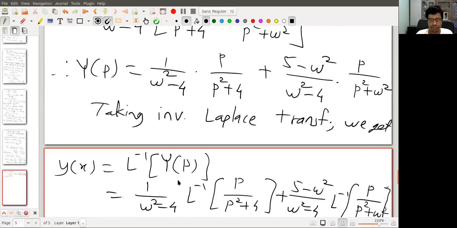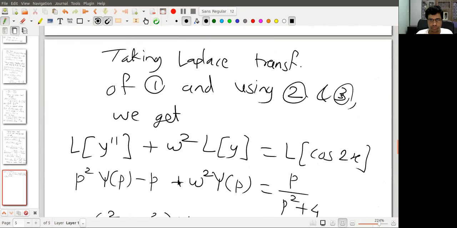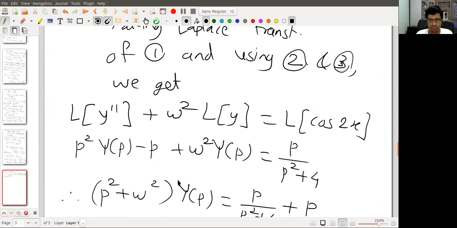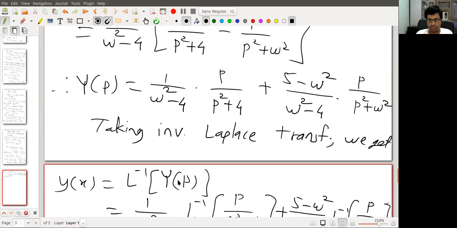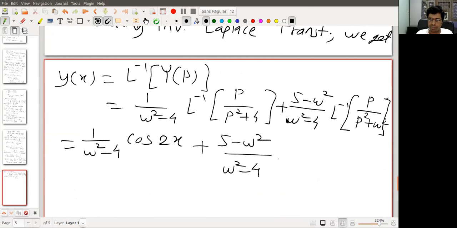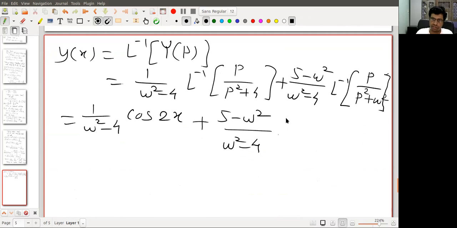And the second term, plus this constant 5 minus omega square upon omega square minus 4 into L inverse of p divided by p square plus omega square, of course, it is cos of omega x. Okay, so this is the required solution of the given differential equation.